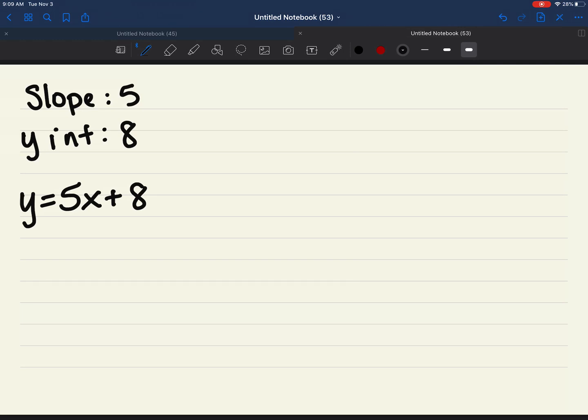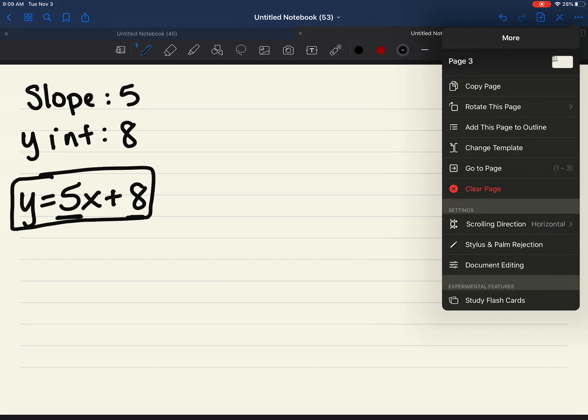Perfect. Right? Because we said earlier the slope is m, the value in front of x, so we plug that in here. So we replace m with 5. And then our y-intercept is the value at the end. So if it's positive 8, we're just going to say plus 8 right here. Okay? So our equation in slope-intercept form is y is equal to 5x plus 8. All right?